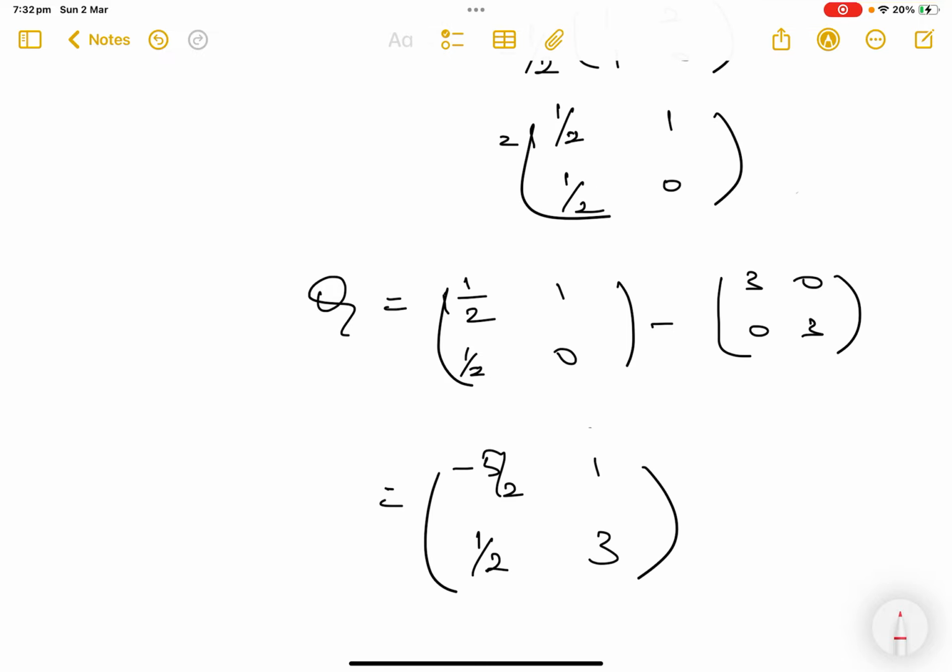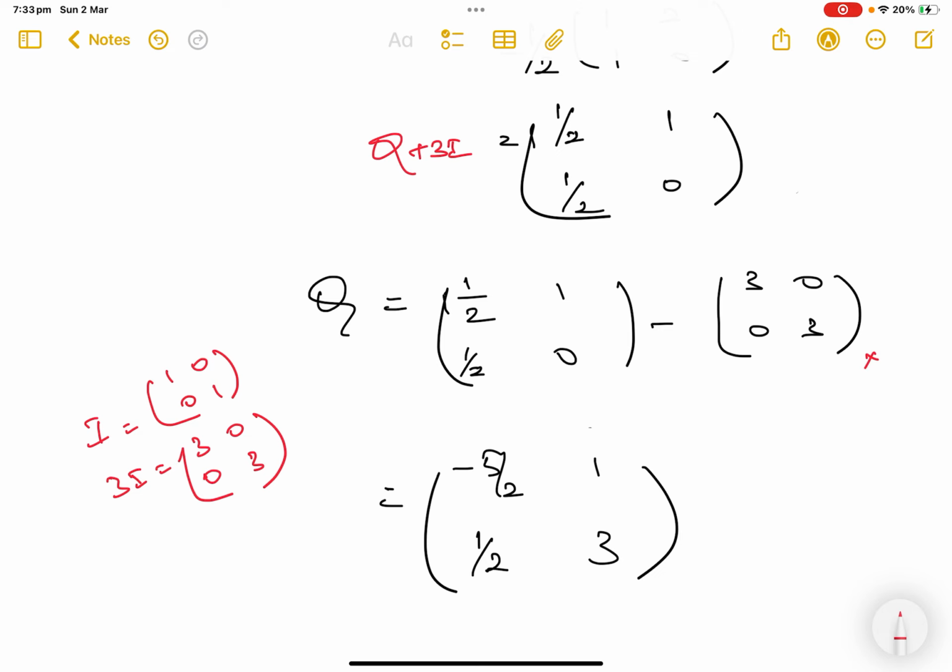So from that, this is Q plus 3i. Now for Q, take 3i to the other side. The identity matrix is 1, 0, 0, 1, and 3i equals 3, 0, 0, 3. That is exactly what I got here. So it's half, 1, half, 0, minus 3, 0, 0, 3.